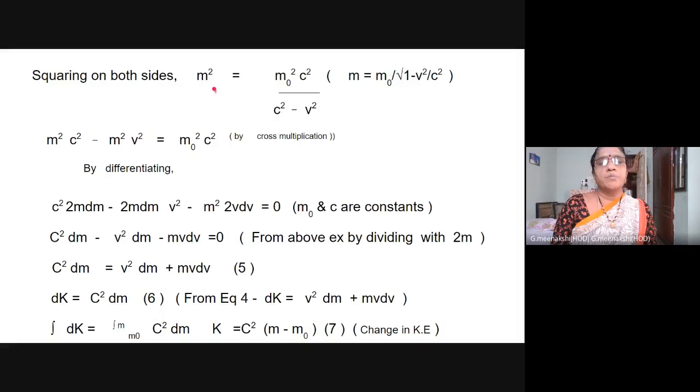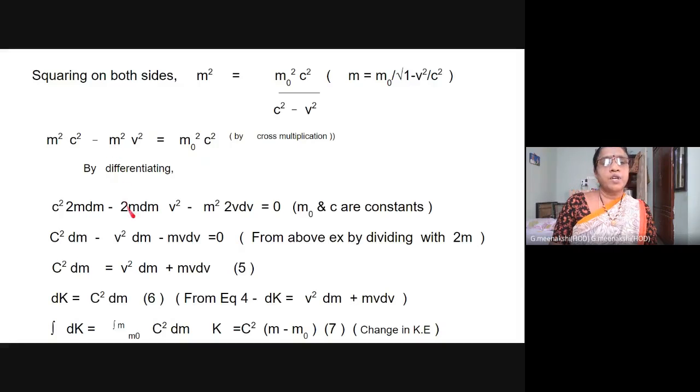Suppose we differentiate the above equation. Here c is a constant, the velocity of light, so we get c square into 2m dm minus, for m and v are both variables here.